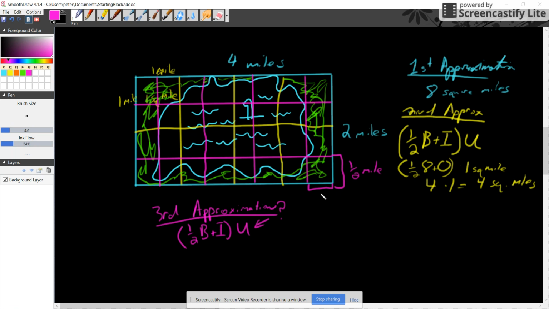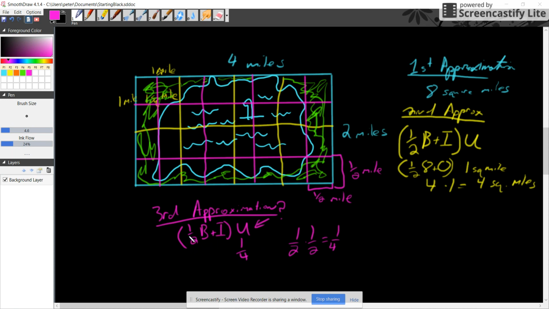And this would be 1/2 mile. What is the area of this square unit? 1/2 times 1/2 is 1/4. Multiply through all the way across.